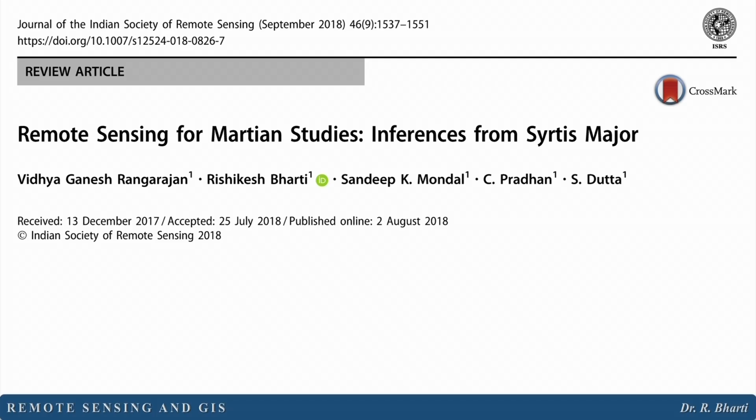Now I am going to explain this particular work where we have used remote sensing, in particular hyperspectral remote sensing, for Martian studies. Here we have considered Syrtis Major as our study area. For such studies, what are the different types of sensors giving us the data?